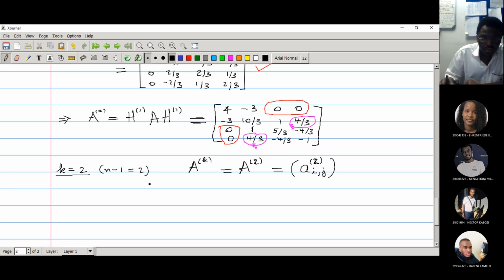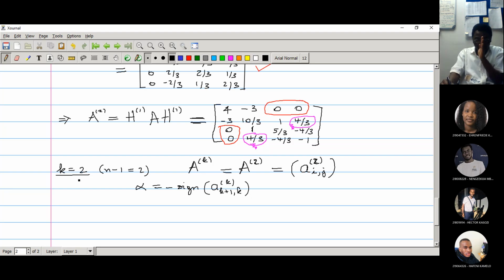Right. Now, to compute the alpha here, remember we have negative sign of A, K, the entries. Now here we have K plus 1, comma K. Because K is 2, K plus 1 will be the next column corresponding to K equal to 2. K here is the column.